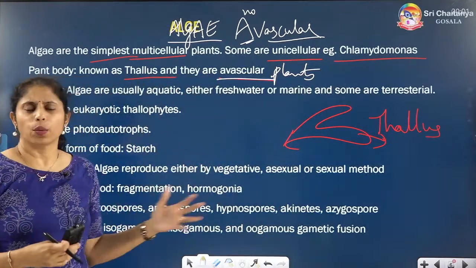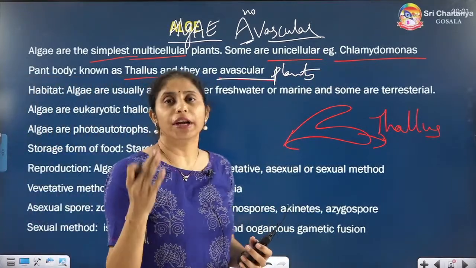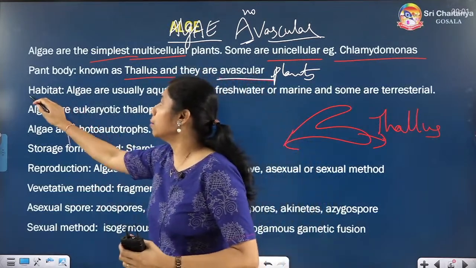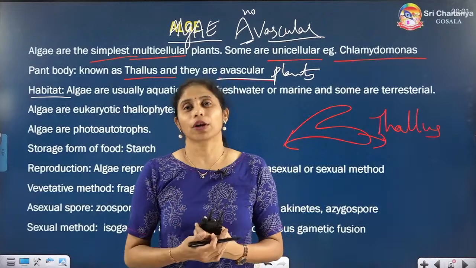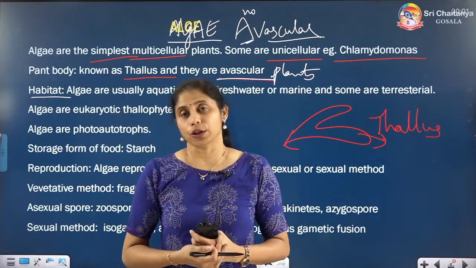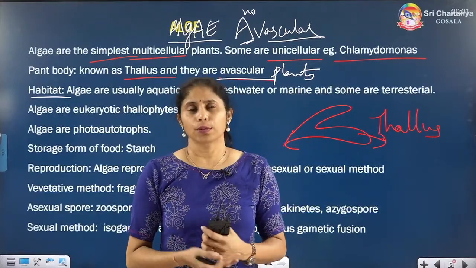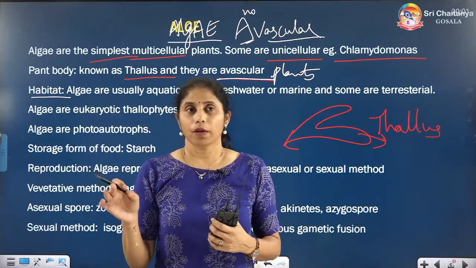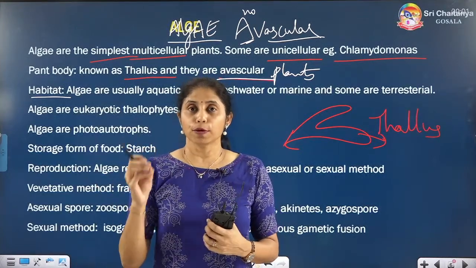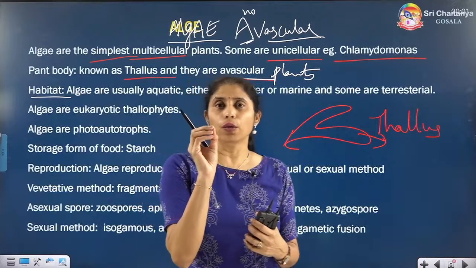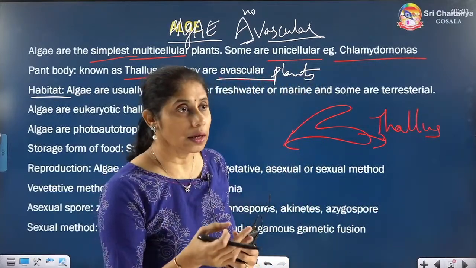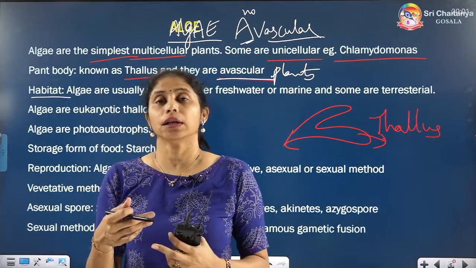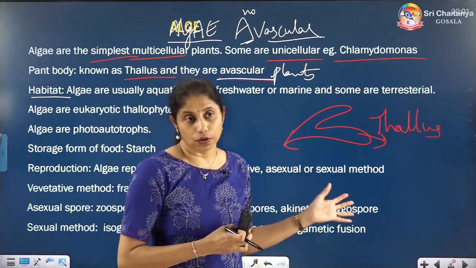Then the habitat, where they live. Habitat means their dwelling place. Basically, algae are present in water bodies. That water can be fresh water or marine water. Most of them are aquatic, whichever the water may be. But there are a few algae which are terrestrial, so they can be present in water or on land also.